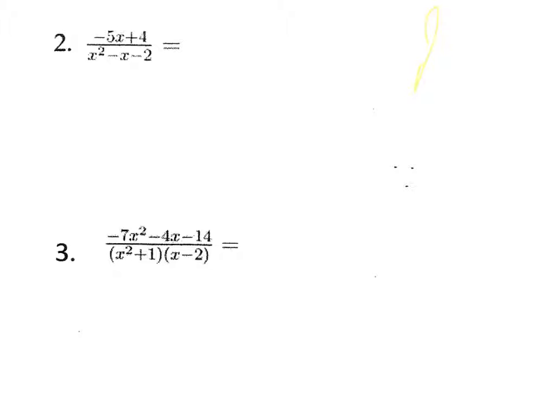When we factor x squared minus x minus 2, that's going to give us x minus 2 times x plus 1. That's what that trinomial factors into.